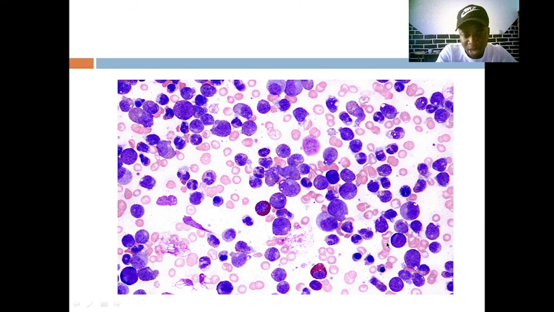So if you prepare your peripheral blood smear of a patient and you see all these blast cells in the bone marrow, it's telling you that the patient is having leukemia. And these blast cells are from the myeloid cell lineage, the myeloblasts, metamyelocytes, those ones, because of their nuclear to cytoplasmic ratio. When we get to acute lymphoid leukemia, I will talk about that. So it's very important to know that.